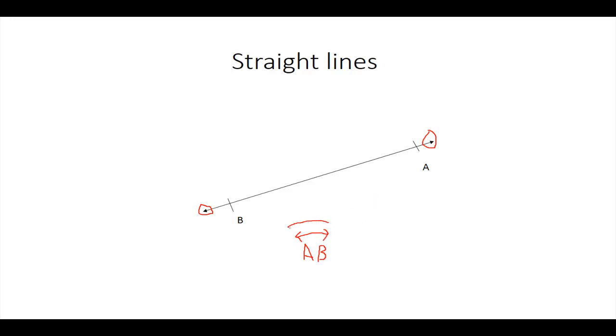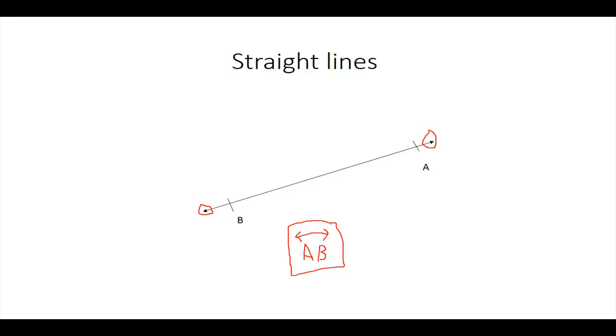So the difference between the straight line and the line segment is that the line segment has a starting point and an ending point. It starts from a point and ends at a point. But a straight line doesn't have any starting point or ending point. Both directions have no limits.